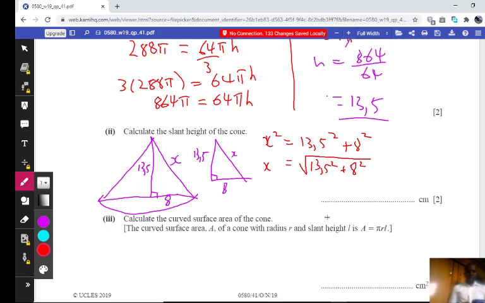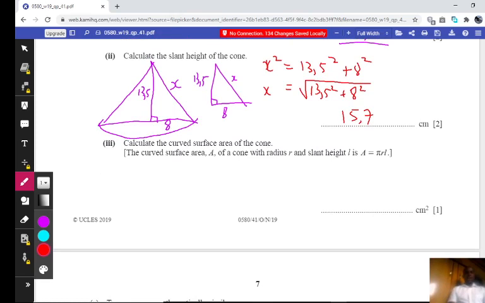You get your answer, then take the square root of the answer. It will be 15.6923. Then to 3 significant figures, it will be 15.7. You are done.